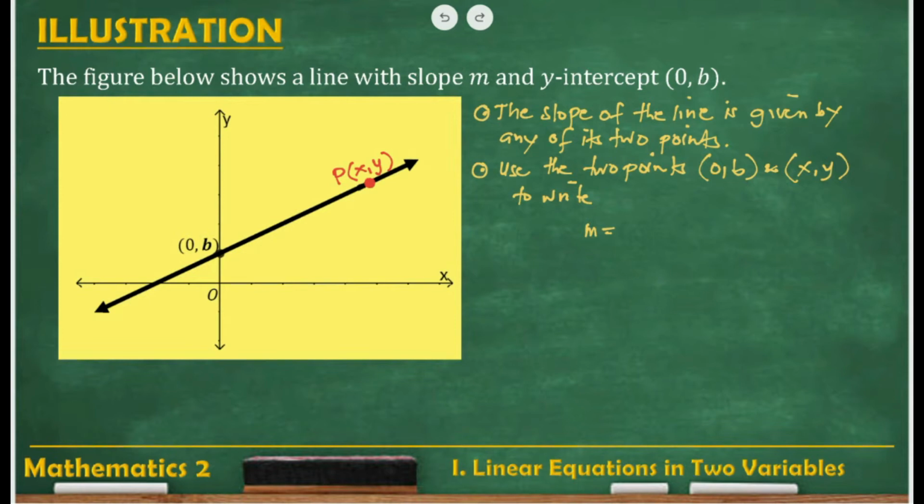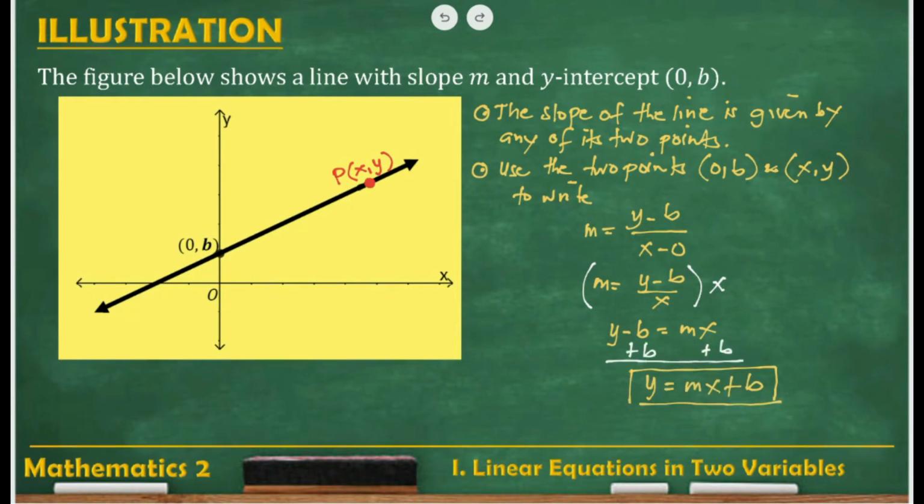m is equal to y minus b all over x minus 0, or we have m is equal to y minus b all over x. If we multiply both sides of the equation by x, then we will have y minus b is equal to mx.